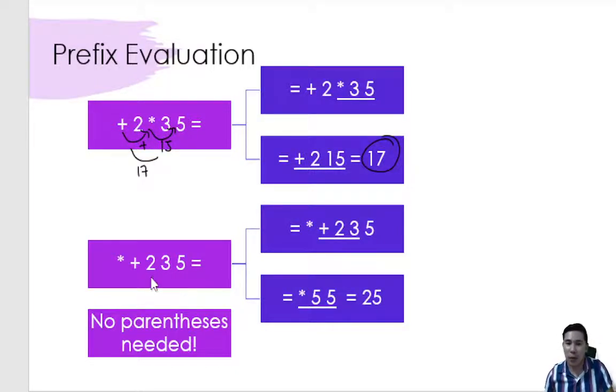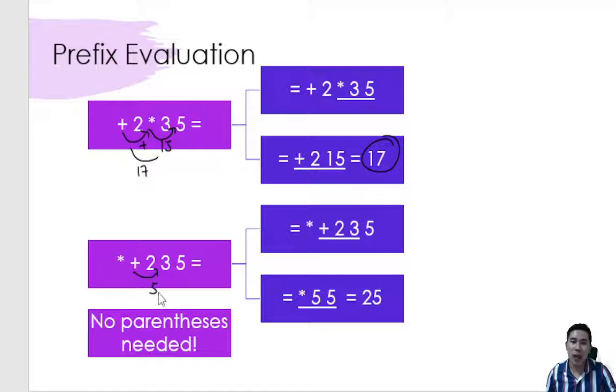Now, another example we have here: 2 plus 3, which is 5. If we convert this into an infix notation, probably 2 and 3 has parentheses, because it is evaluated first before the multiplication.